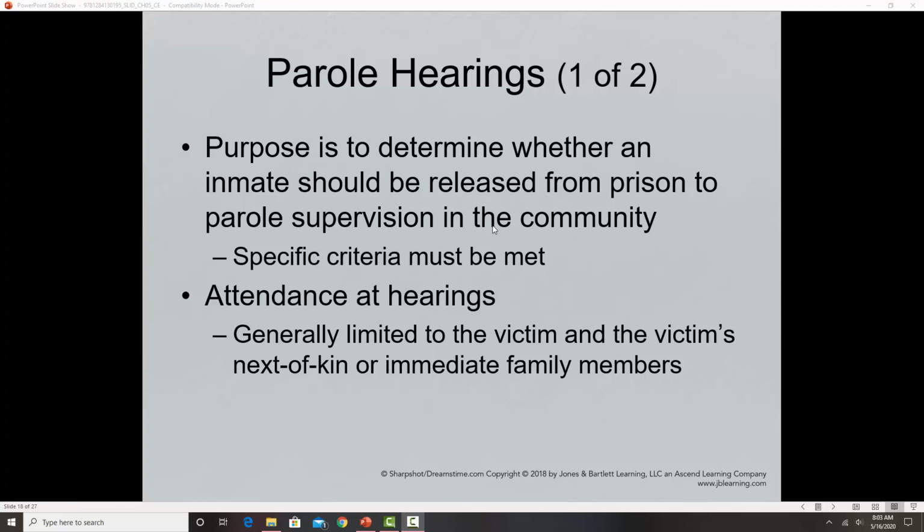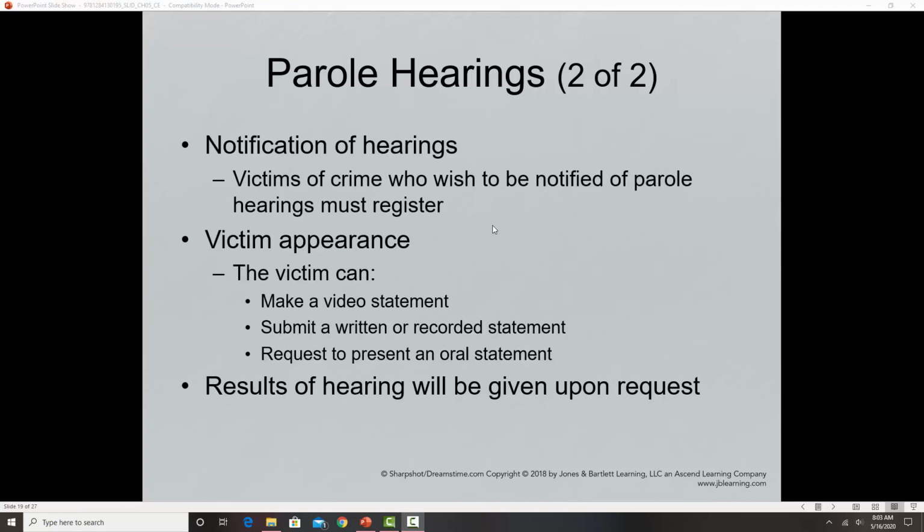When it comes to the parole hearings, attendance is generally limited to the victim and the victim's next of kin or immediate family members, and the offender will be there as well. Victims of crime who wish to be notified of parole hearings need to register for that, and then they will be notified every time an offender comes up for parole, and then they can determine whether or not they would like to make an appearance.